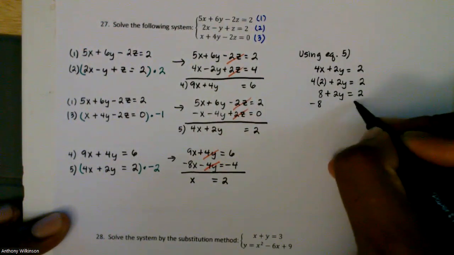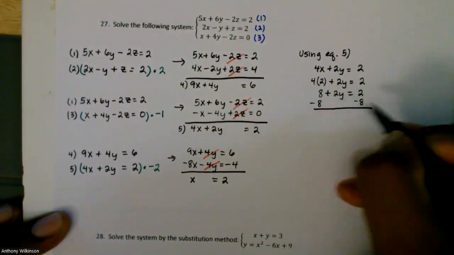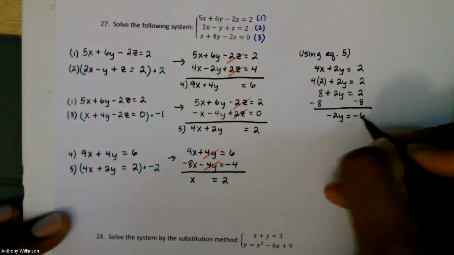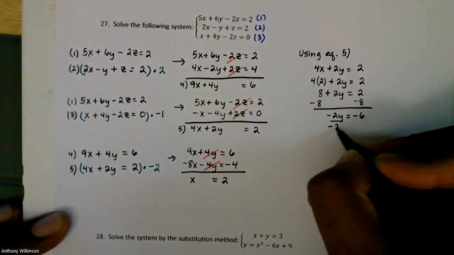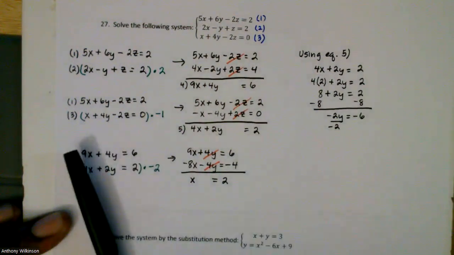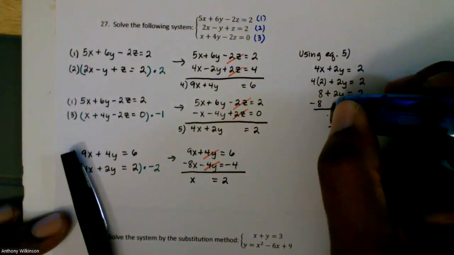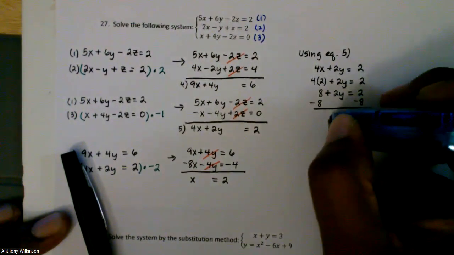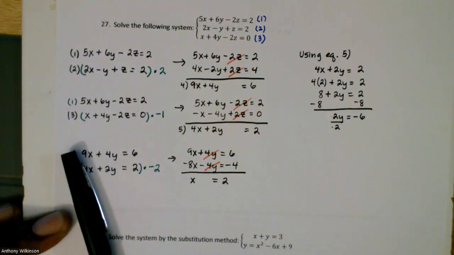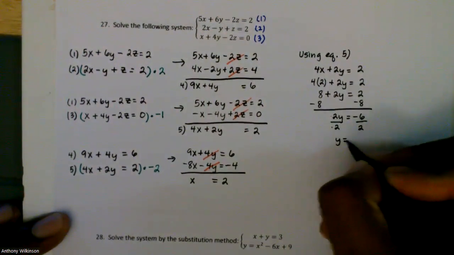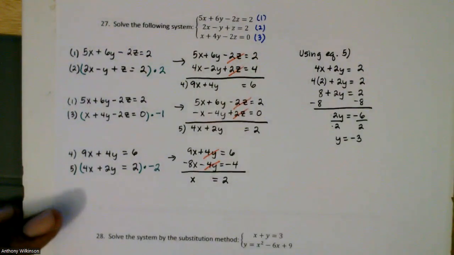Then if I subtract 8 on both sides to get 2y by itself, that means 2y would be equal to negative 6. And then divide both sides by 2. That would mean y is equal to negative 3.